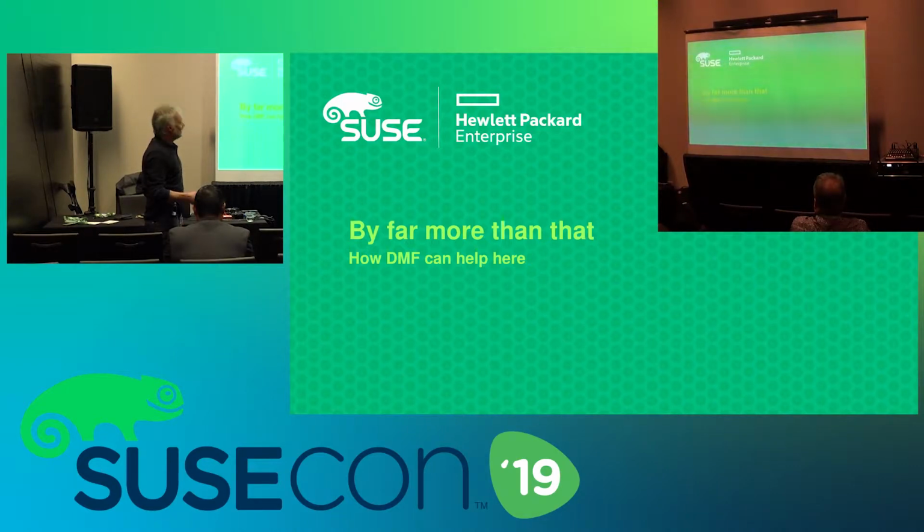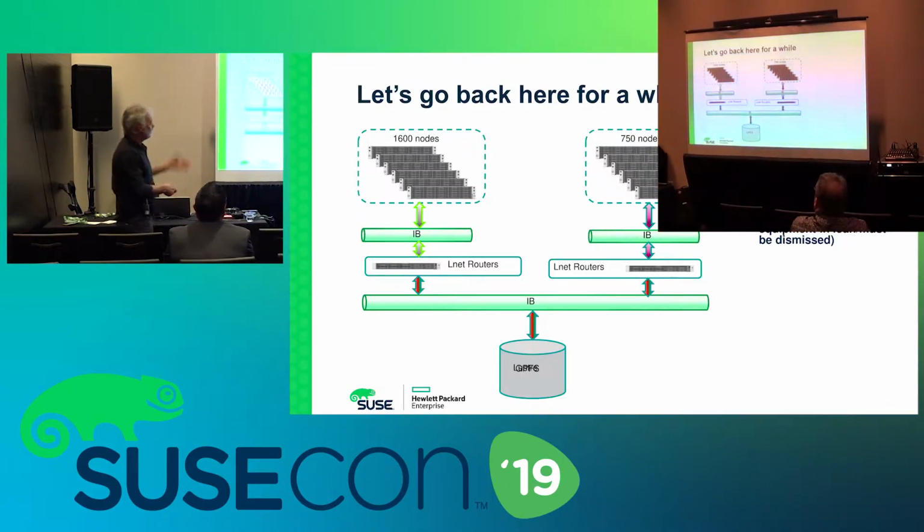And now, well, DMF, let's go back for a while. You remember, we are doing the change between Luster and GPFS. The problem was we need to move the data while the production was going on. We didn't have the possibility to stop the production.